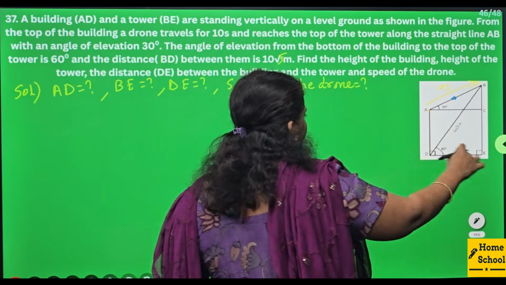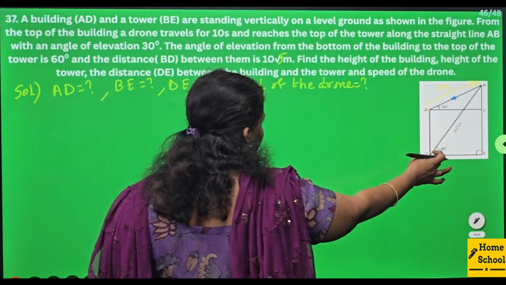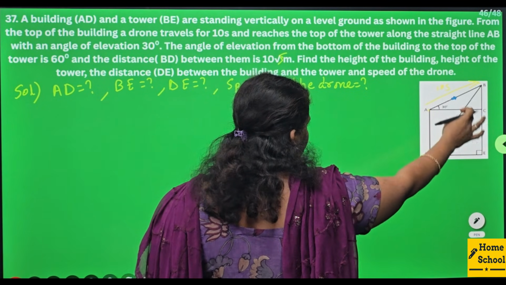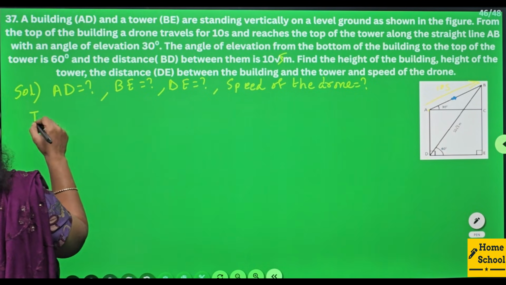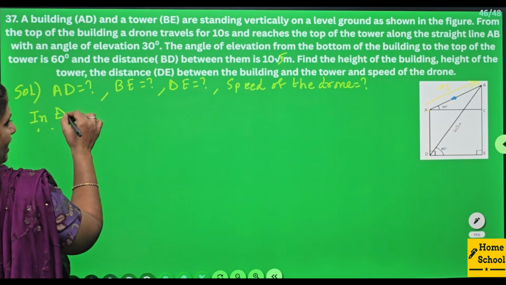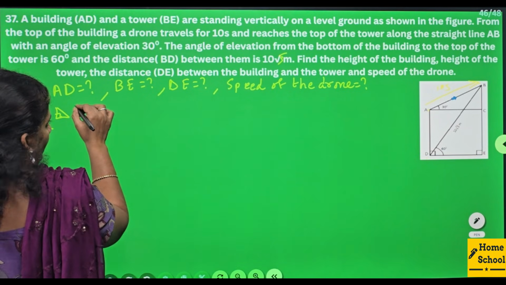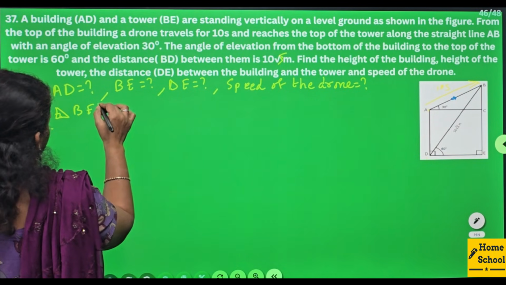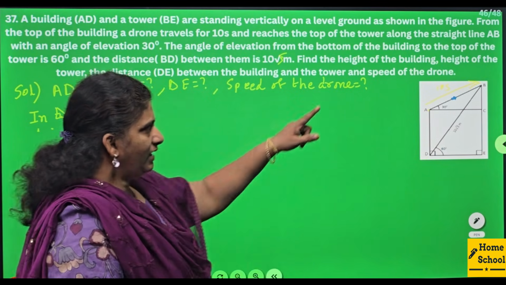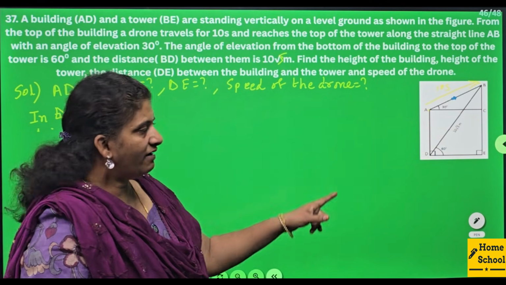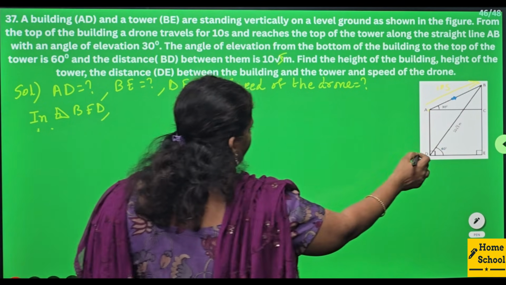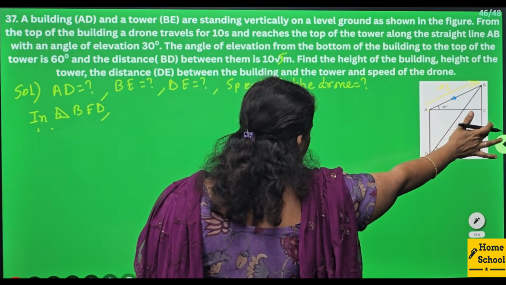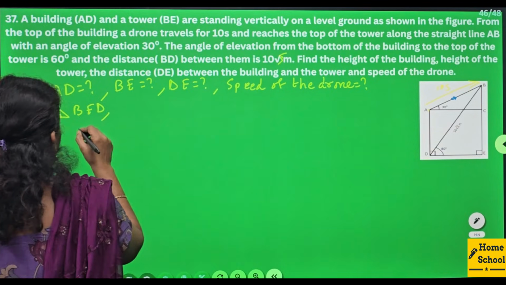Let me take a right triangle. I know the angle and hypotenuse are known in this right triangle, so we go with this first. In right triangle BED, theta value is 60 degrees. I will go with finding this opposite side, opposite over hypotenuse, which ratio?